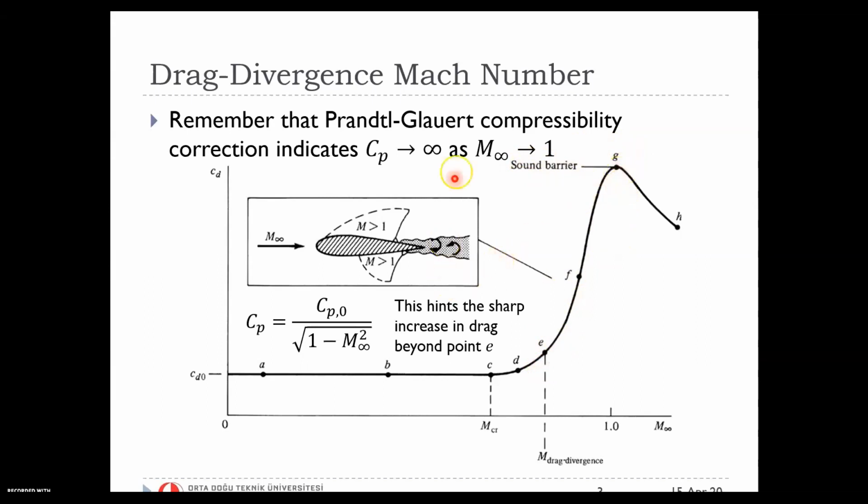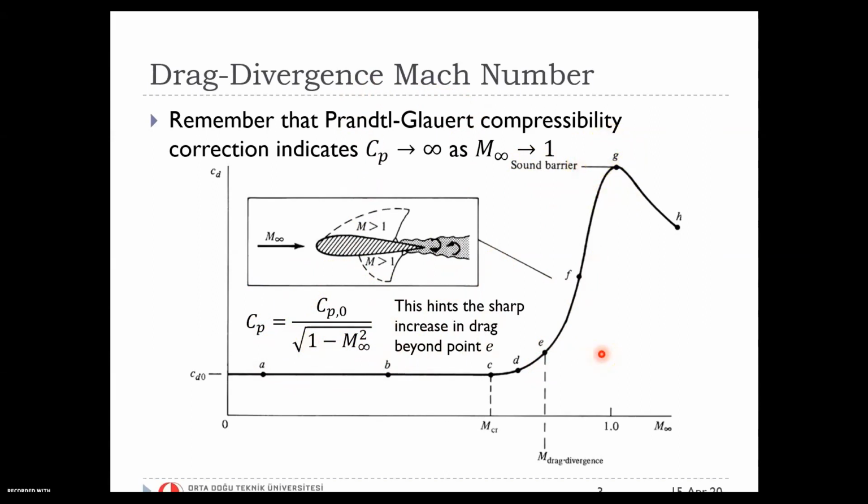If you look at the Prandtl-Glauert compressibility correction, you may remember that as your Mach number gets closer to 1, the pressure coefficient value goes to infinity. It's already evident from this equation that there is something happening as you get close to Mach number 1. You may ask: shall I really have an infinite pressure coefficient as I get to Mach number 1?